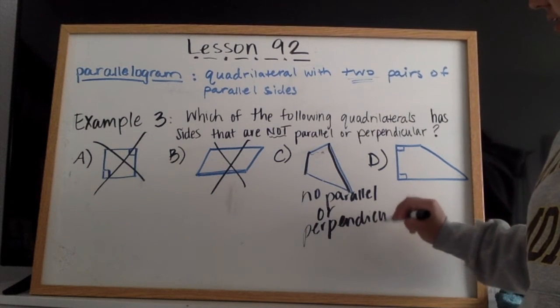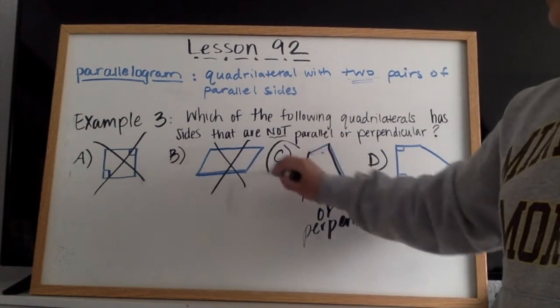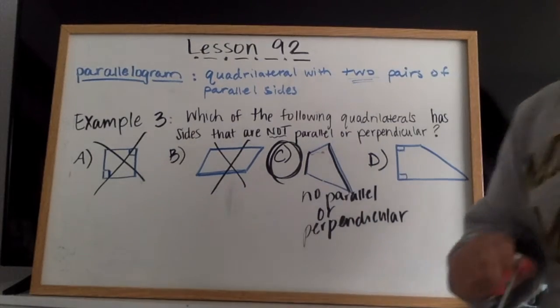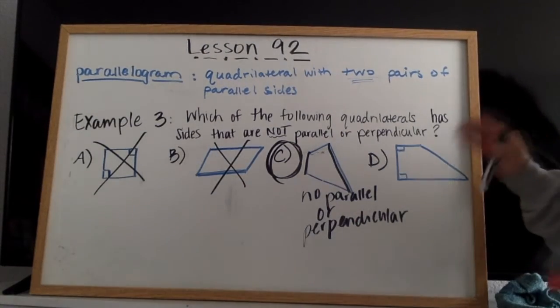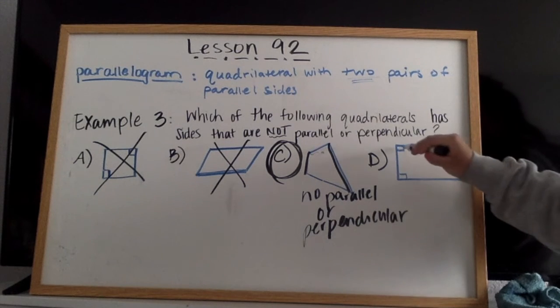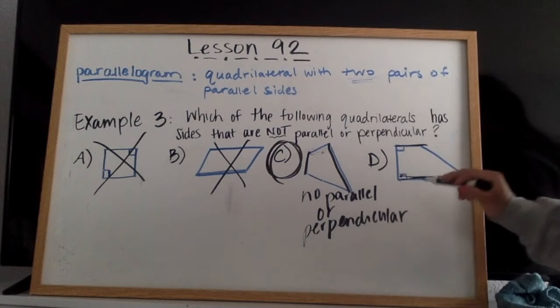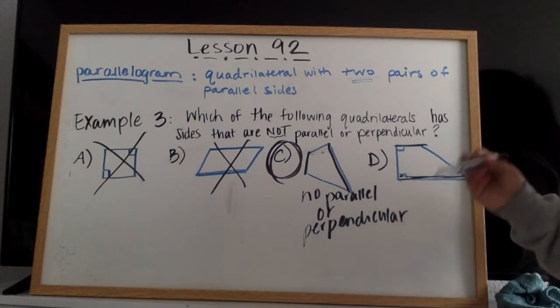Now let's take a look at letter D, because we know that C fits the criteria, but maybe D doesn't. So does D have parallel lines? Yes, I can see them right away, right? Going across, these ones are parallel. So that does not fit our criteria.